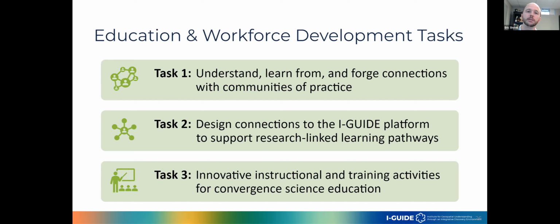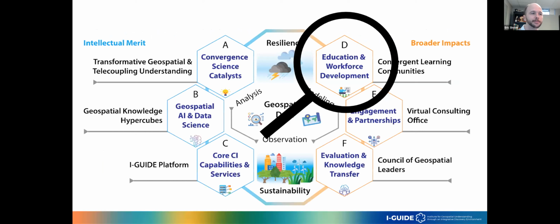And what we're trying to do with this convergence curriculum is provide a flexible curriculum so that different science domains and different individuals can fill in knowledge gaps and skills gaps that they might have in order to contribute to one of those convergent problems. So that's kind of the motivation of what we're talking about today.